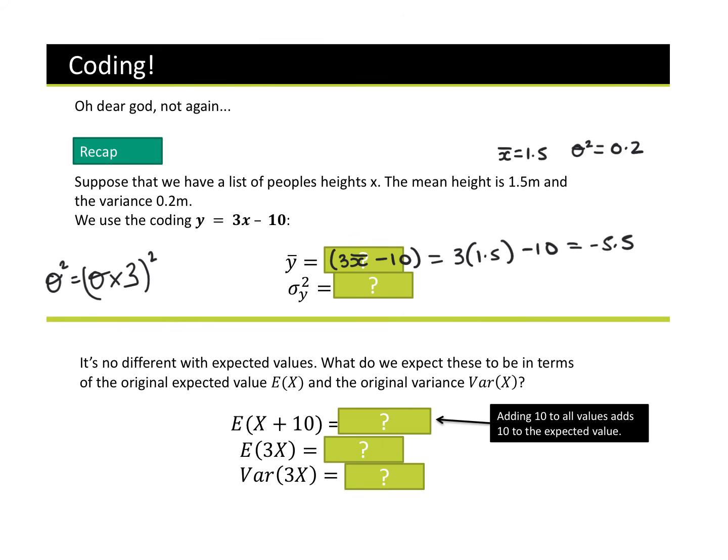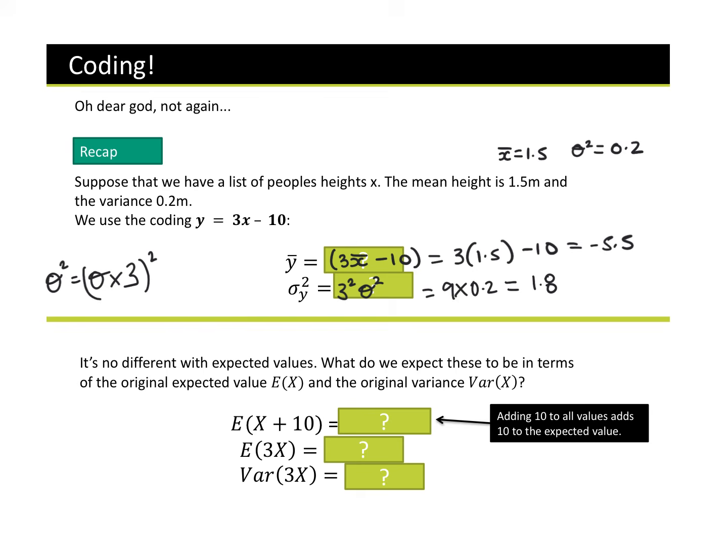So this is actually going to become 3 squared lots of our variance, which is going to give us 9 times 0.2, which is 1.8.